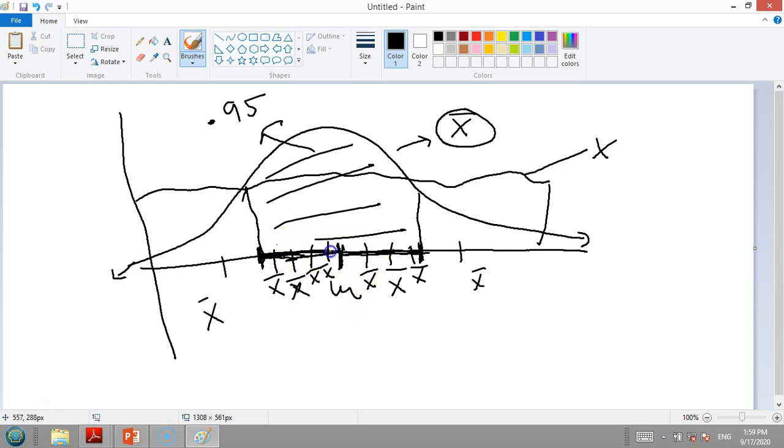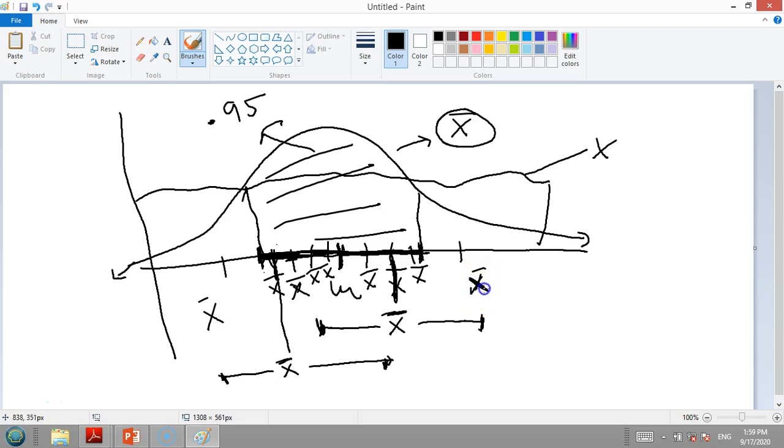You see how long the interval is here? This is the length of this interval. It turns out that the same length interval around this x bar here is going to contain mu. And if I have an x bar here somewhere, it's also going to have an interval, the same length, that contains mu.